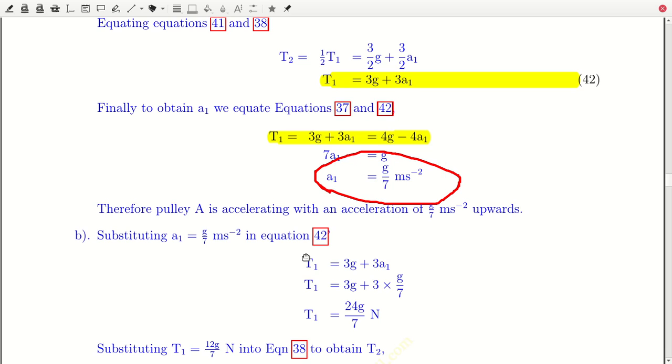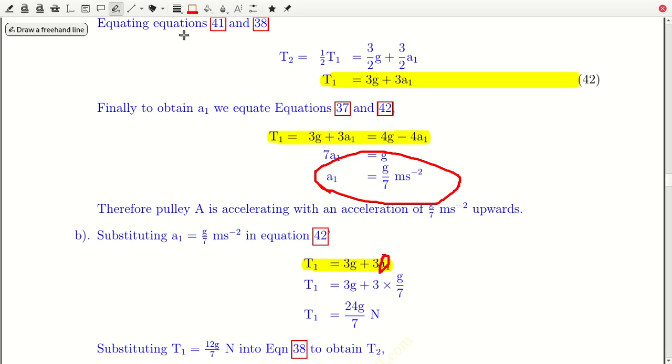Now to get the other terms, for example, I can get t1 by substituting a1 in the first expression. If I substitute for a1 here, this will be known, this will be known, so the final thing I will get will be t1.